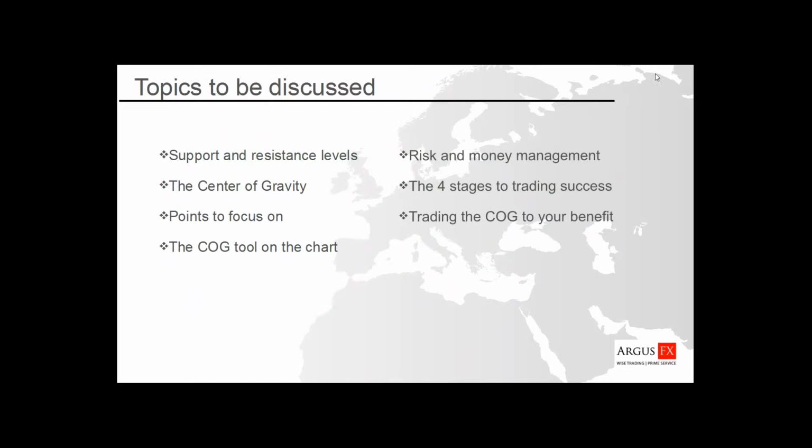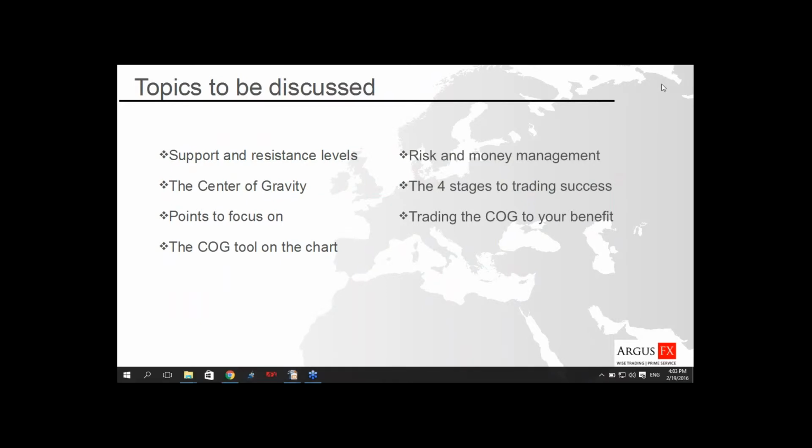The topics which are going to be discussed in today's trading session are support and resistance levels, the center of gravity, some major points to focus on, and the COG tool on the chart.